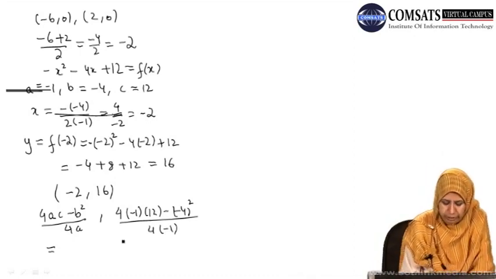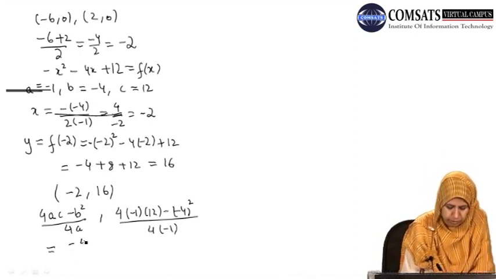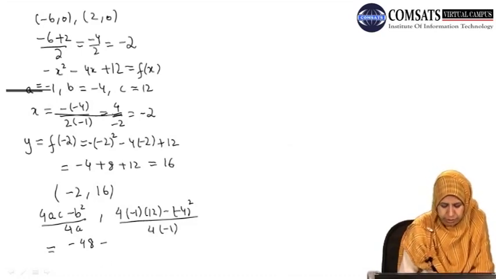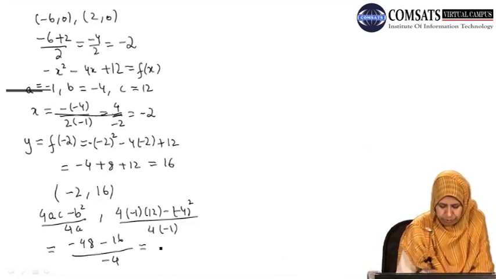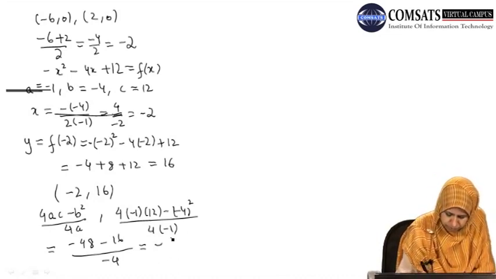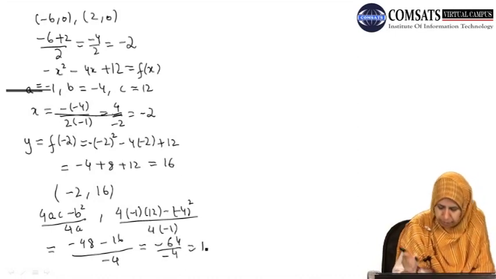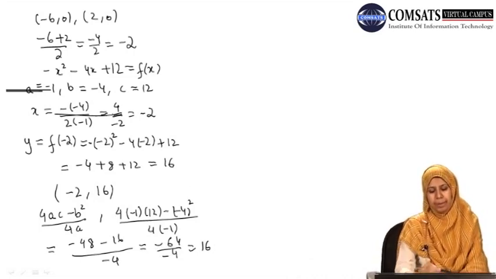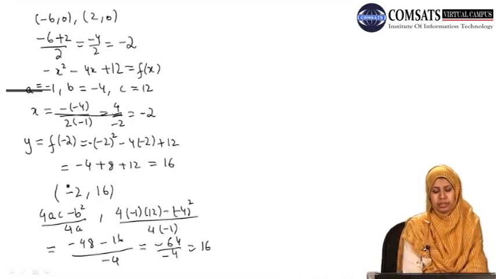Simplifying, we obtain (-48 - 16) divided by -4, which is equal to -64 divided by -4, which is nothing but 16, the same value which we obtained by using the value of the x coordinate in our function.